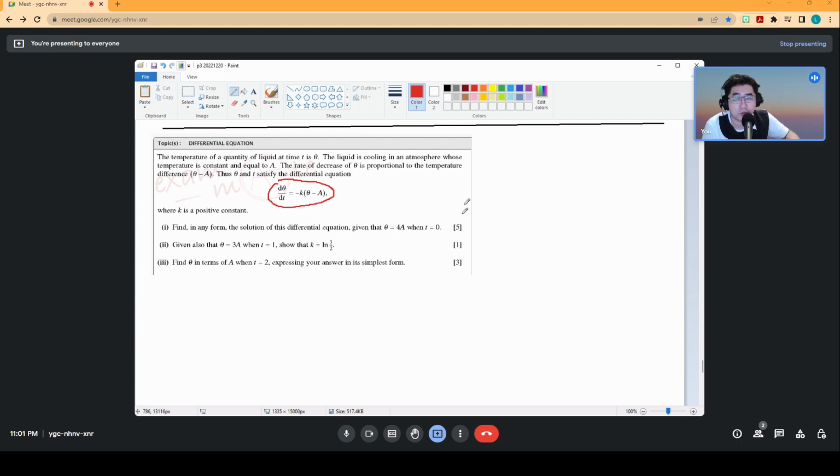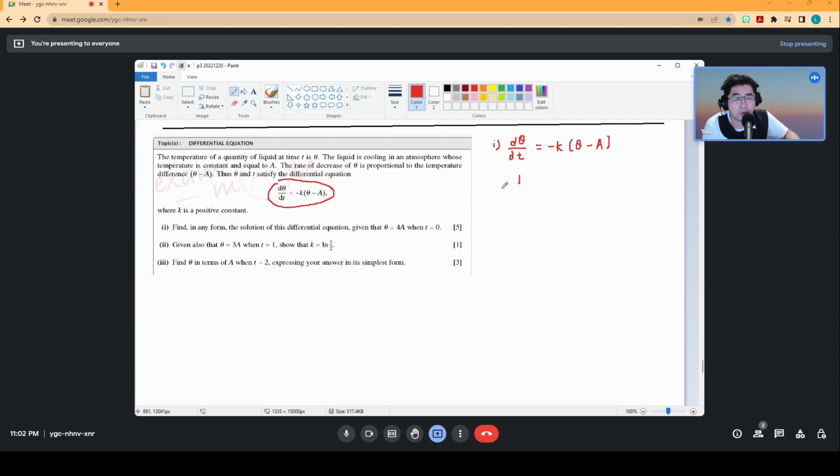So I have d theta over dt equals negative k times theta minus a. We gather the same terms together on the same side.